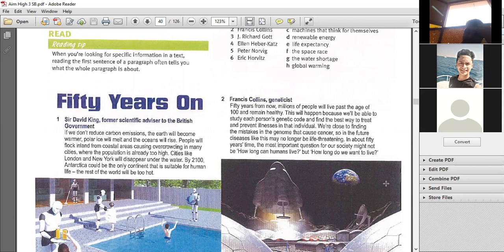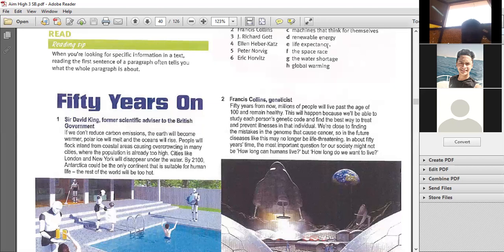This will happen because we will be able to study each person's genetic code and find the best way to treat and prevent illnesses in that individual. We are close to finding the mistakes in the genome that cause cancer. So in the future, diseases like this may no longer be life threatening.